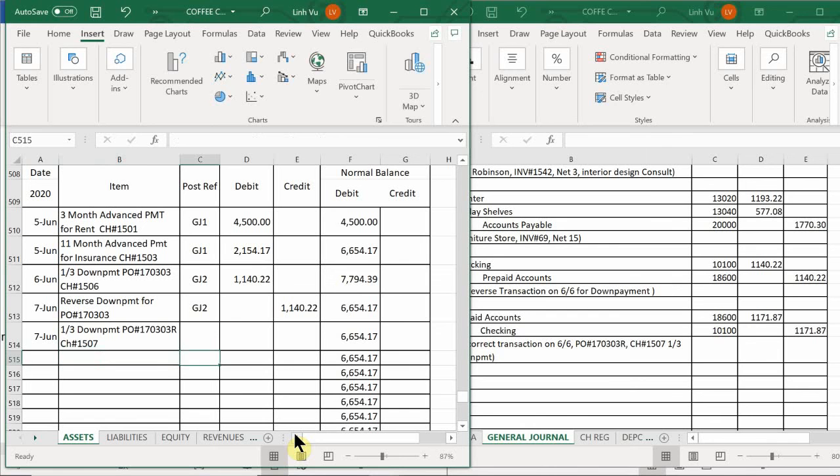We're still on general journal number 2, and this time we're going to debit the amount of 1171.87. Because I put my formula in there, it has now recalculated, saying that now it's jumped up to $7,826.04.